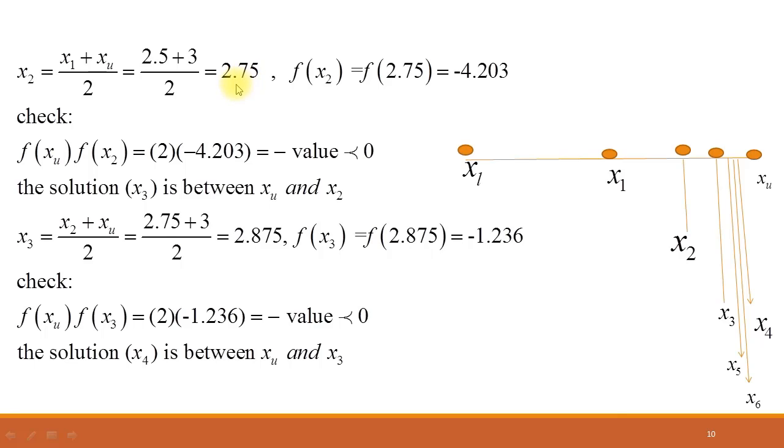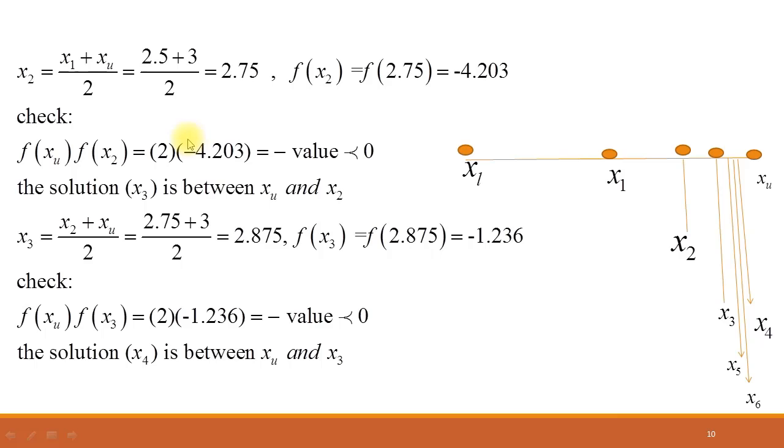Now to find the third root, because we want the roots correct to two decimal places, we need to find other roots x3, x4, x5. So the second root is 2.75. Putting this 2.75 in the given equation, we obtain minus 4.203. So this is the negative sign. The function has negative sign at x2 and the function has opposite sign at xu.